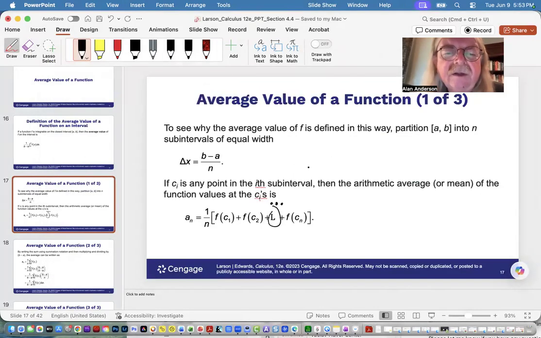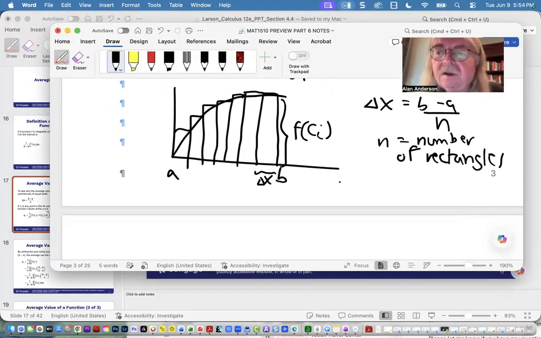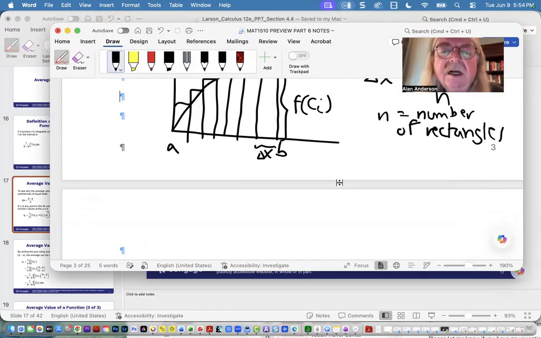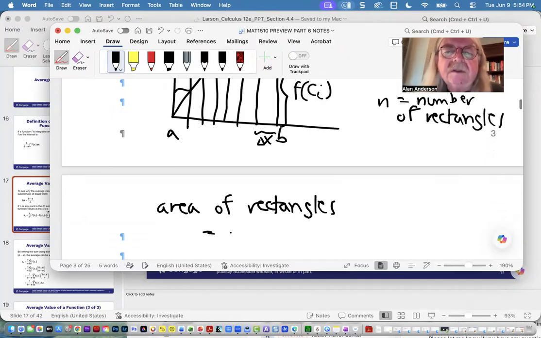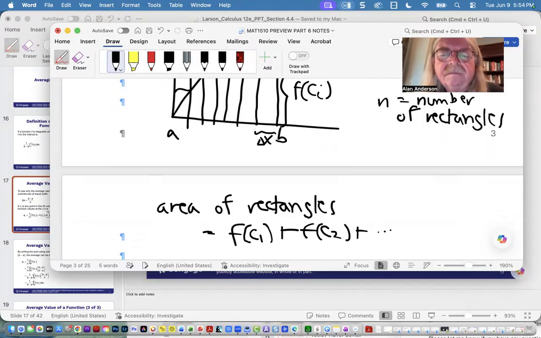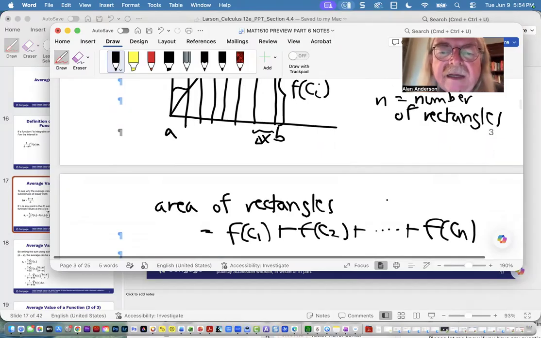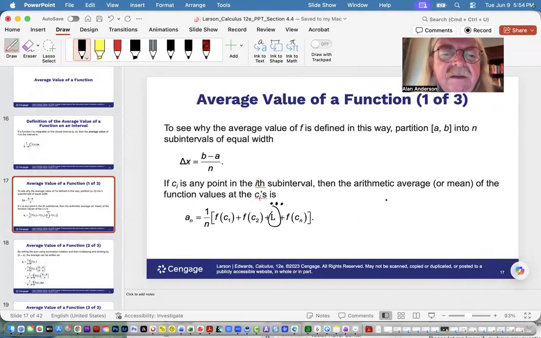So if I want to know the area, and given that they all have the same width or base, all I have to do is add up all the f(c_i)'s, and then I can just divide by the number of rectangles.